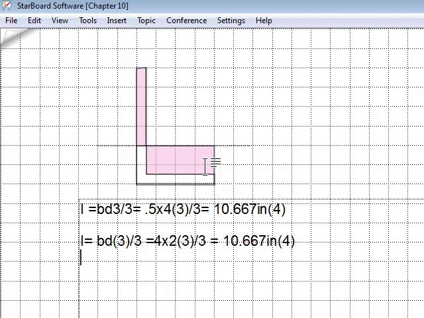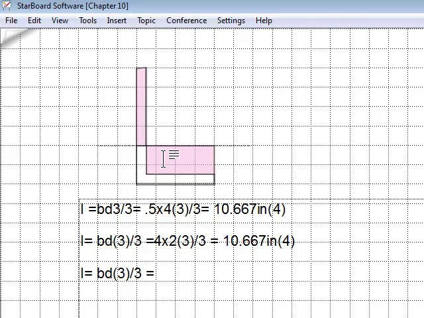Now we have to subtract this part. The moment of inertia for the little part is again BD cubed over 3. I got the formula from the back. If you have other shapes, you need to use the other formulas.